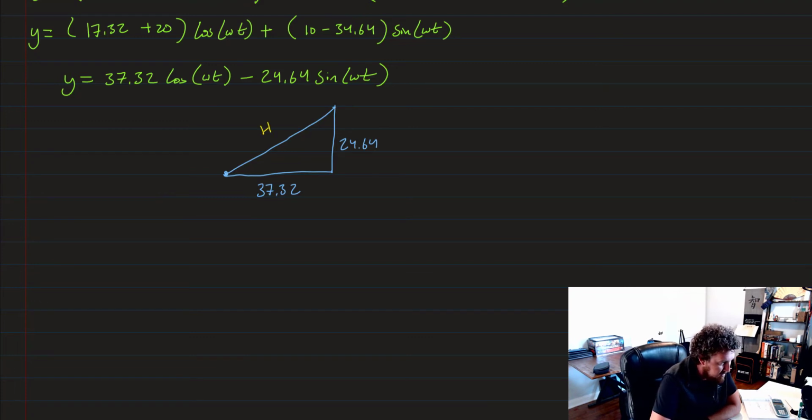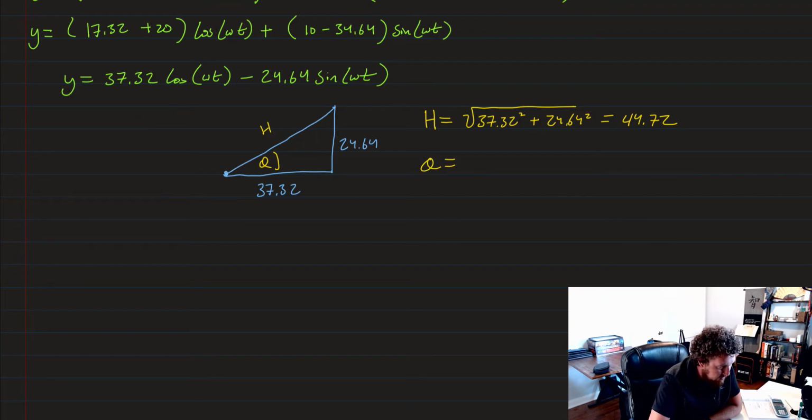So if we have the hypotenuse, let's go ahead and make the angle. Remember, hypotenuse is just Pythagorean theorem, 37.32 squared plus 24.64 squared. That's going to give us a length of 44.72.